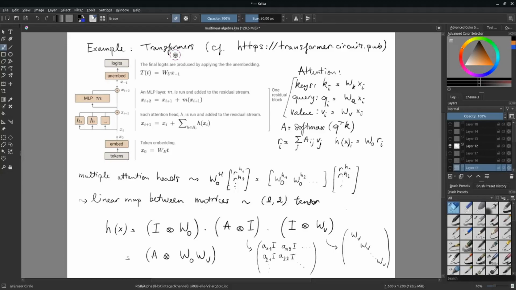I think most people know how transformers work at this point. I have my tokens that I embed in my embedding space by some matrix, and that gives me a sequence of embeddings that each get mapped through first some attention heads, H0, H1, etc., in parallel, and those get added back to the original embedding.